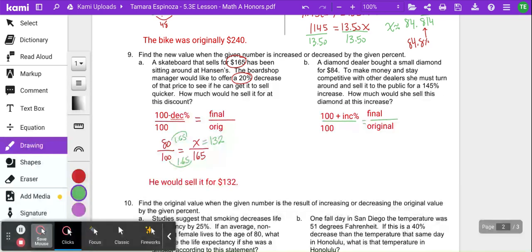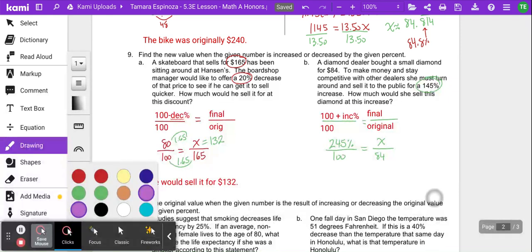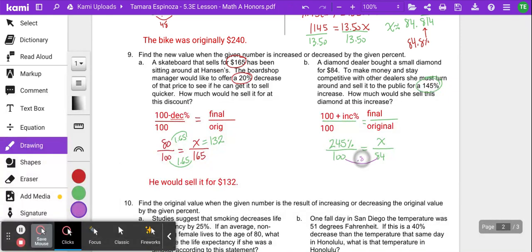So she's going 100 plus 145. She's selling it for 245% of what she got it for. Her original was 84. We're looking for how much she's going to rip you off with. All right, so 84 times what? We're scaling down. So 100 times 0.84 gets you 84.